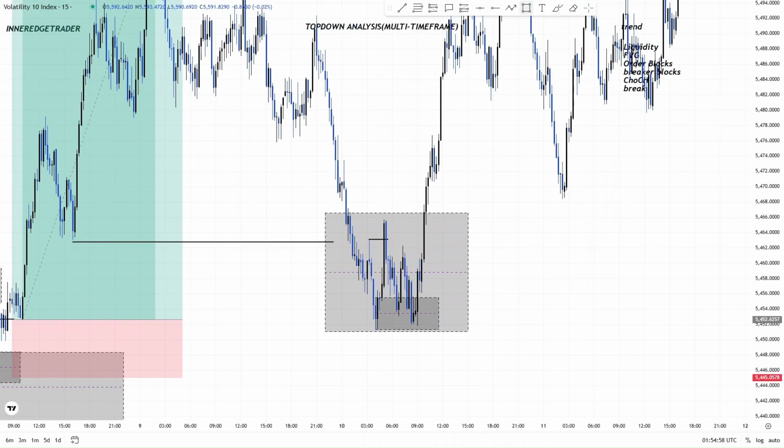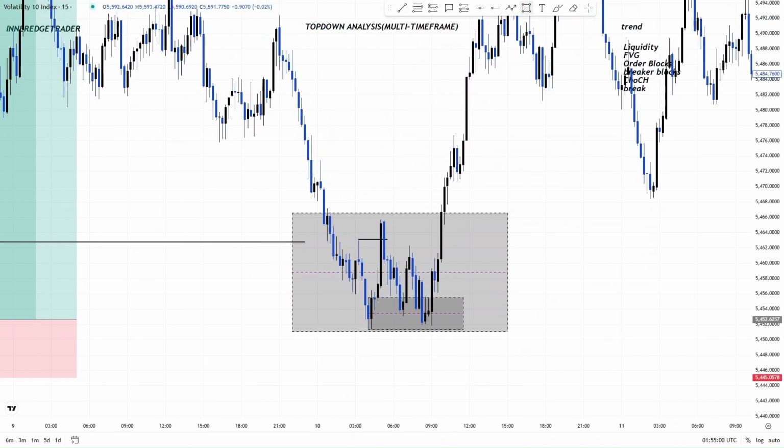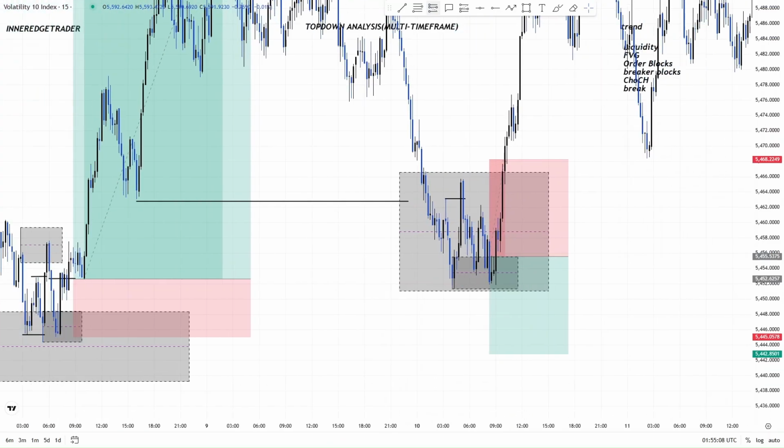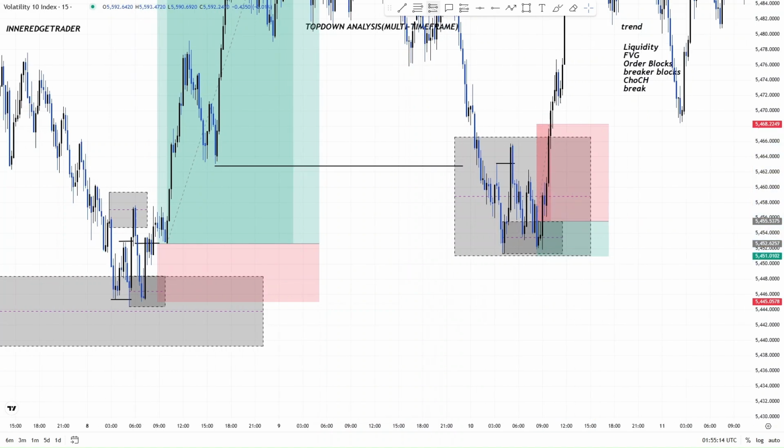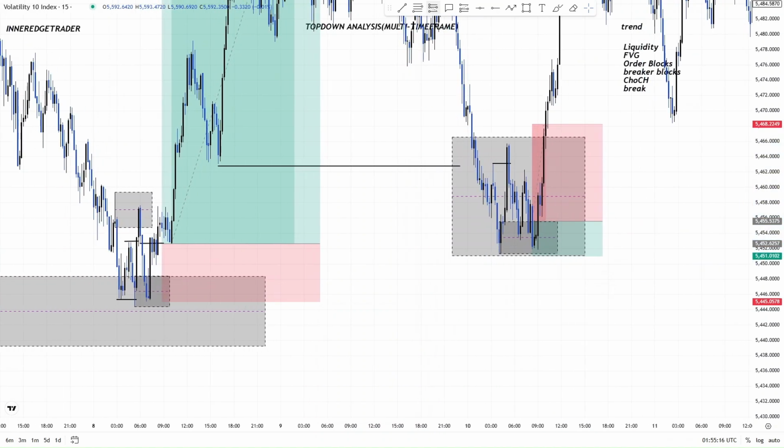So if you're taking your trade from here, you're going to be targeting this zone after the market shift. You're targeting this zone.